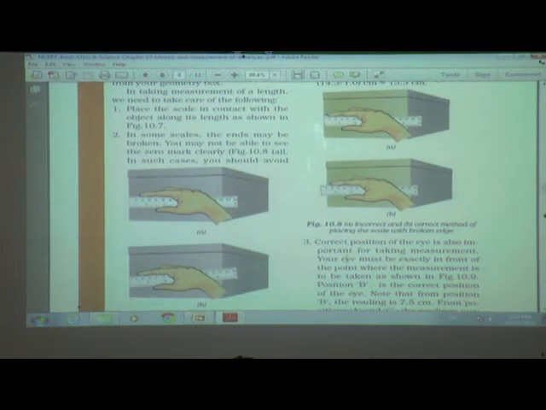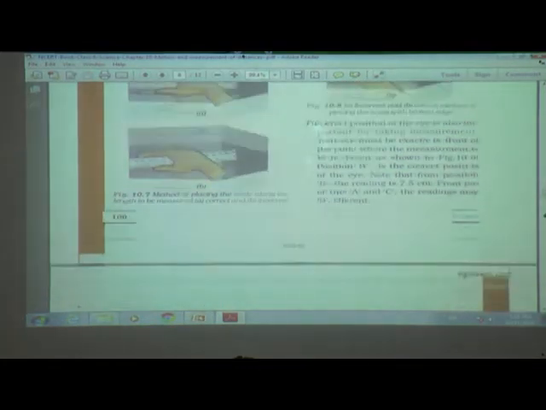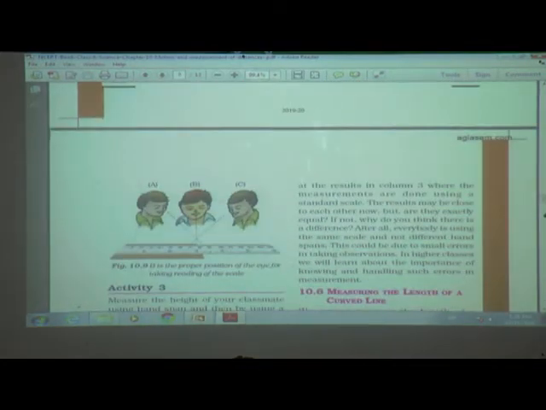Okay, now the correct position of the eye is also important. Your position of eye is very important, students, for taking the measurement. Your eye must be exactly in front of the point where the measurement is to be taken. See in figure 10.9, these are the different positions of the eye, isn't it? As per the position, your reading will be different.